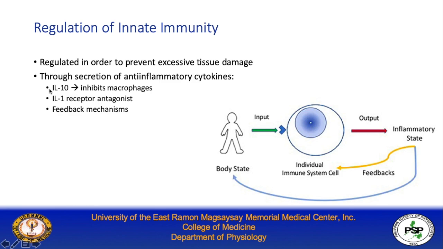You also have the secretion of interleukin 1 receptor antagonist, which prevents the function of interleukin 1. And you also have feedback mechanisms. So this is an example of a feedback mechanism wherein the inflammatory state would signal the immune cell to stop or slow down its function.